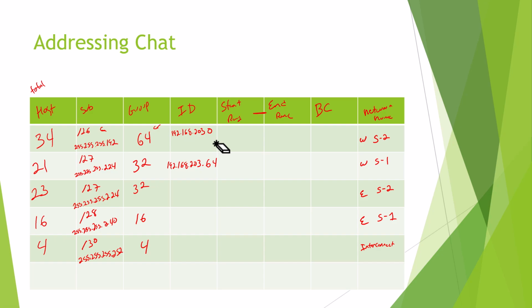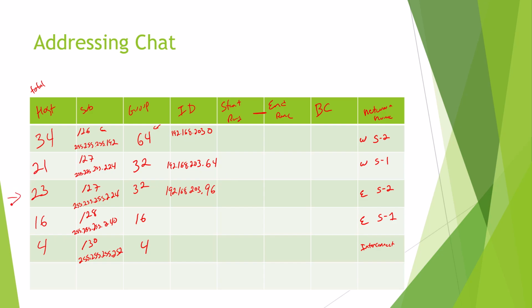First network ID, done. We go to the next ID. We're still working in the 4th octet, adding 32 to the 4th octet. Again, we're building an address chart, so we're building off of an existing number line. So the order does matter.